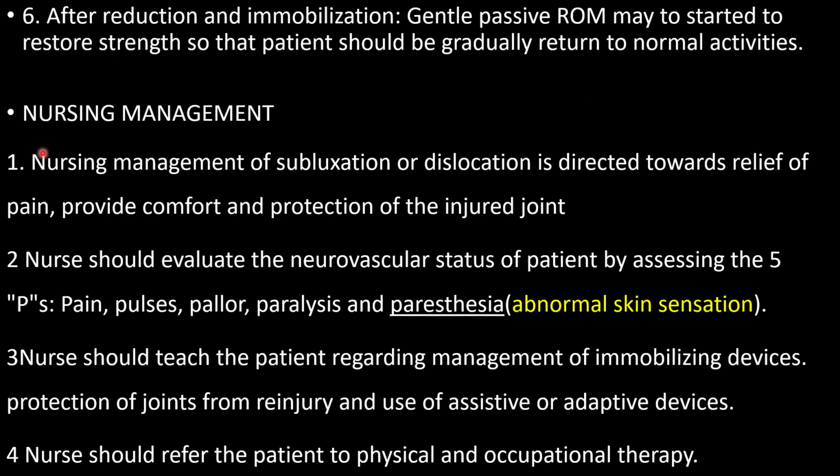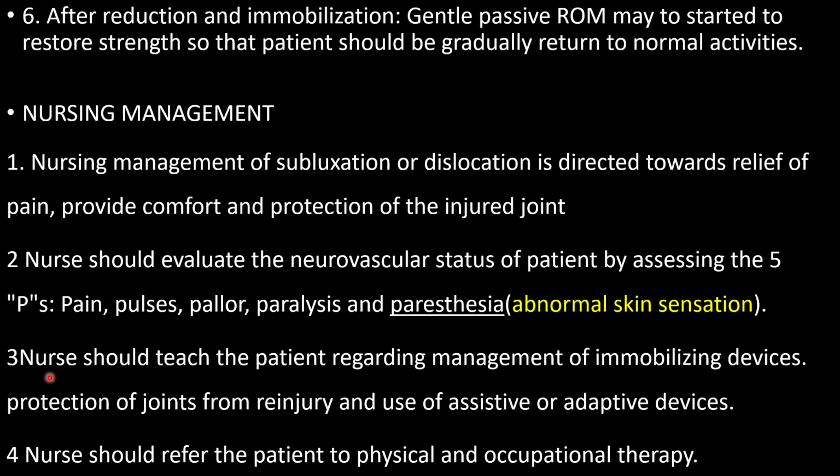Then last we will see nursing management. The nursing management of subluxation or dislocation is directed toward relief of pain, and providing comfort and protection of the injured joint. Second, the nurse should evaluate the neurovascular status of the patient by assessing the 5 Ps: pain, pulse, pallor, paralysis, and paresthesia. Paresthesia means abnormal skin sensations.